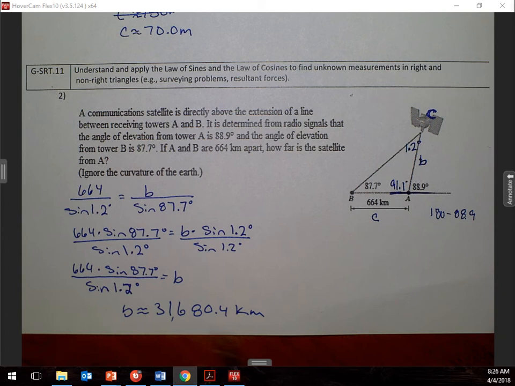So this is 31,000 kilometers above the Earth, right? Wow, it's pretty high up there, right? Make sense?